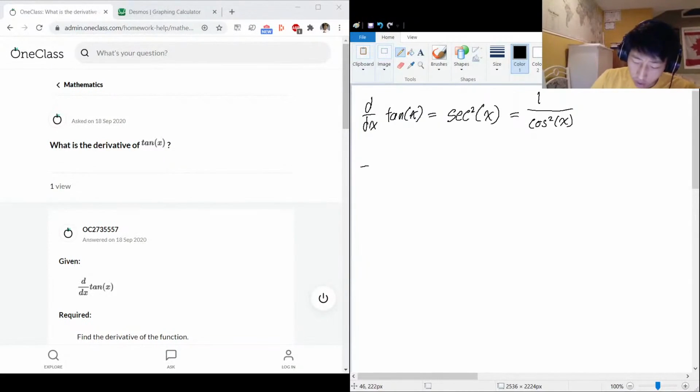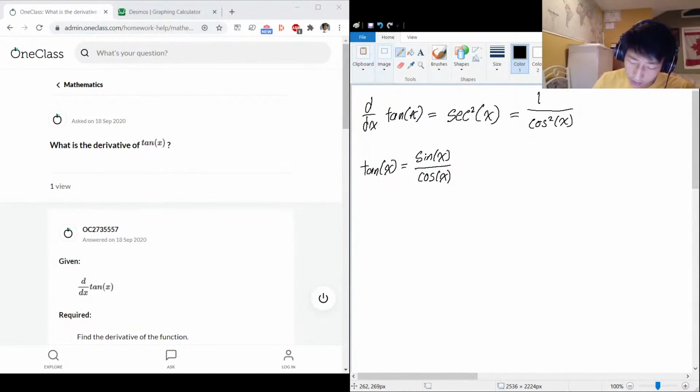So we know that tan of x is equal to sine x over cosine x. It's a little bit complicated to fully give you a detailed proof as to why this works, but just trust me. Tan of x is equal to sine divided by cos.